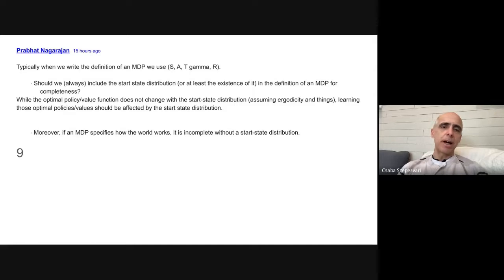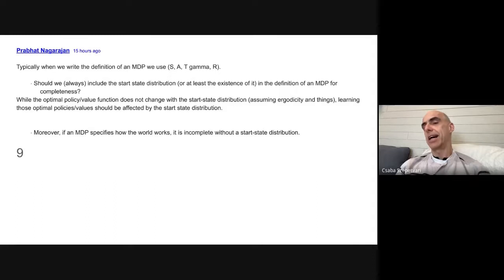So the second part, I didn't understand why you're thinking that the start state distribution is really part of how the world works, because to me, it's not. I think it's a modeling approach, or an attitude towards problems. I like to think that my robot should be doing the thing that it needs to do, no matter the initial state, not just with respect to some state.